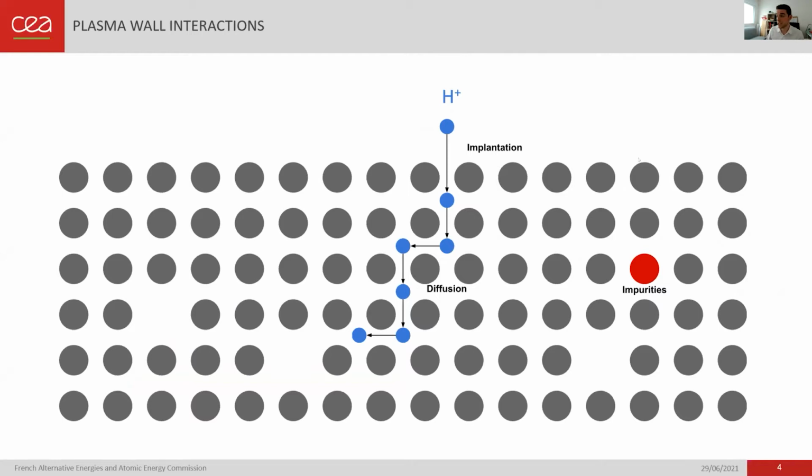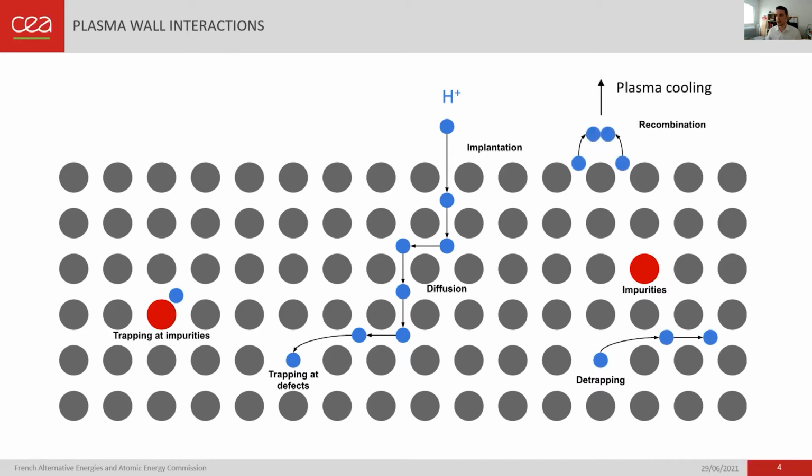As you can see here, hydrogen can be implanted in the material, and as soon as it enters the lattice, it can diffuse in the lattice, and eventually it would get trapped at defects or impurities. If it's hot enough, it can come out of these traps and start diffusing again.